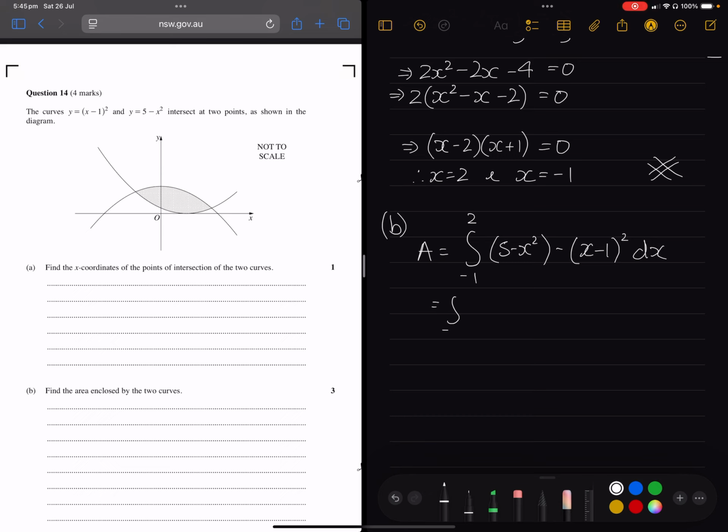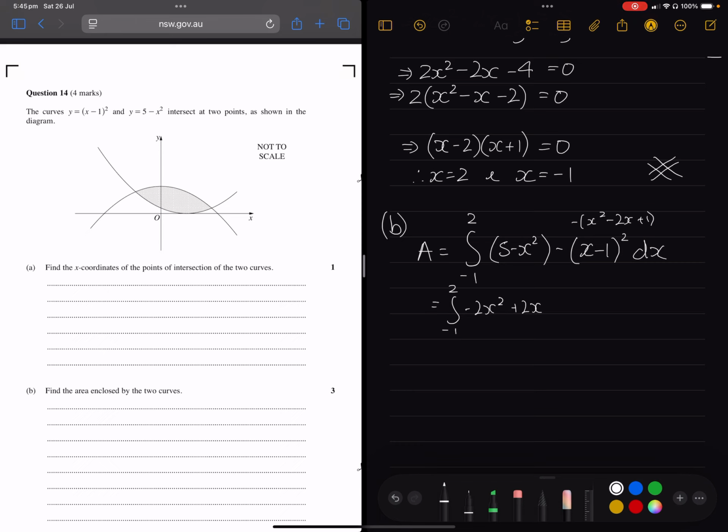So we get the integral from minus 1 to 2. Expand this. This becomes the negative of x squared minus 2x plus 1. So we get minus x squared, so minus 2x squared. We've got minus 2x, that's plus 2x.